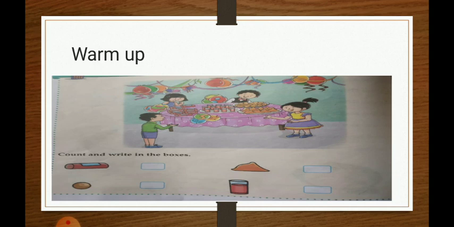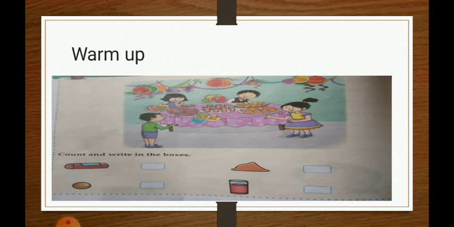You have to count the objects given, a glass and snacks, and write the correct number in the box. That is your homework.